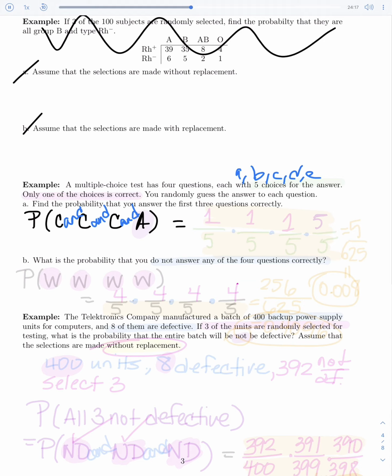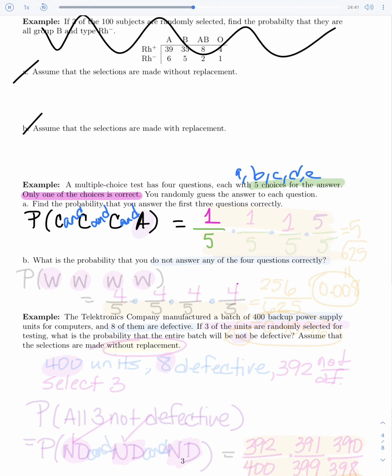If you want to get the first question, well, we said that if we look at one question, there were a total of 5 choices for the answer. So let's start there. There are 5 choices for the answer, the A through E. So for that first question, we've got 5 choices. Now remember that when you do a multiple choice test, there is only one correct answer for each question.